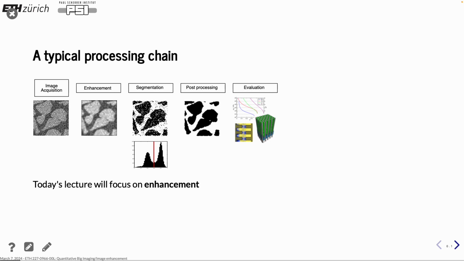The rest will come throughout the other lectures, and we will see what we can do. A little bit of this will come already next week, that one too. The next weeks will be a mix of segmentation and post-processing, and then comes the evaluation towards the end.